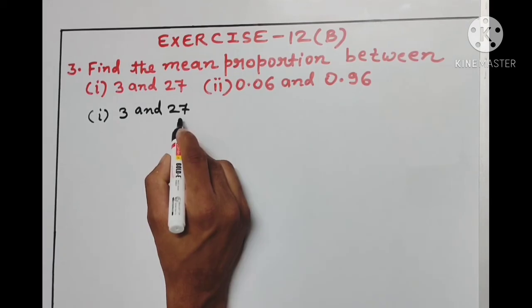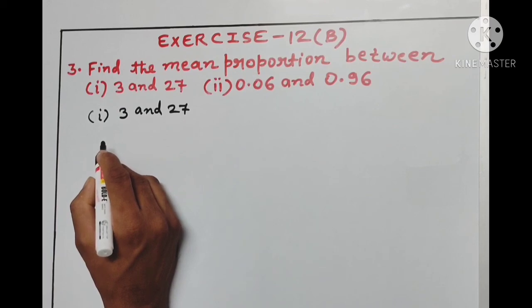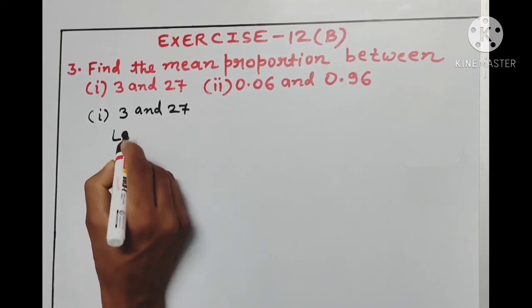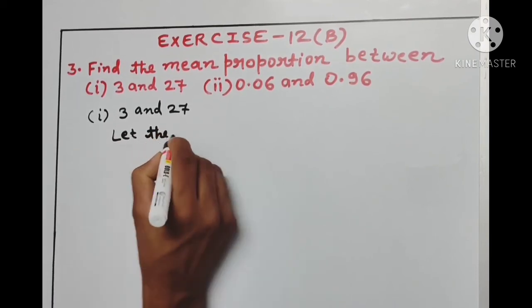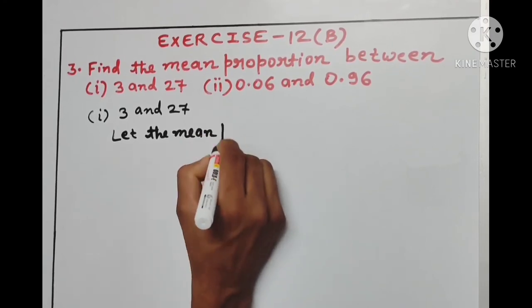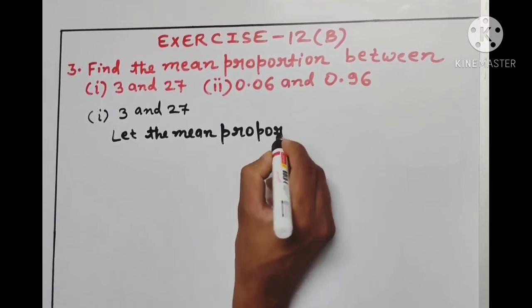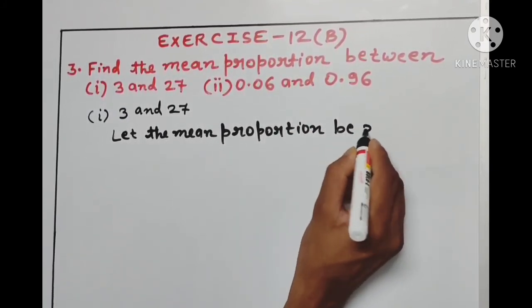So what I am going to do, I am going to assume the mean proportion is x. So I am going to write here, let the mean proportion be x.